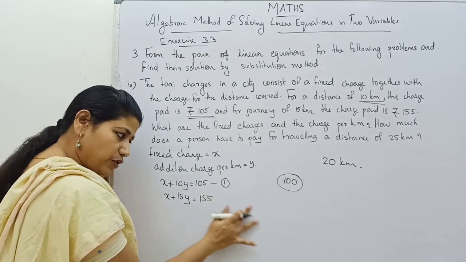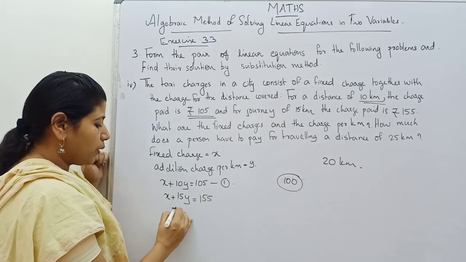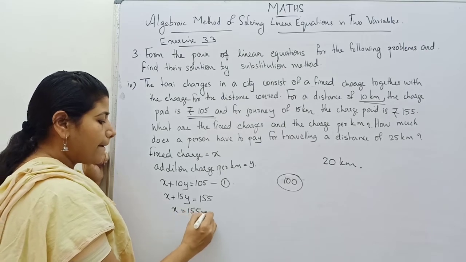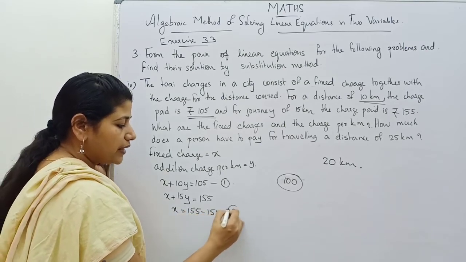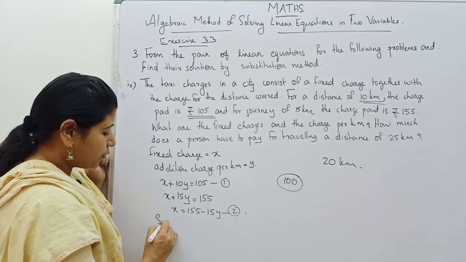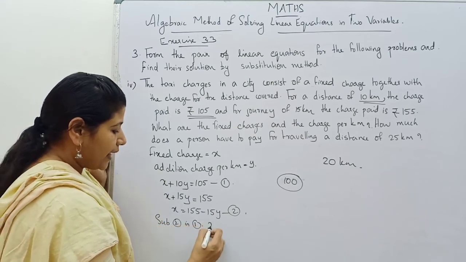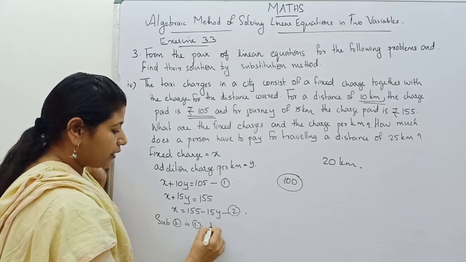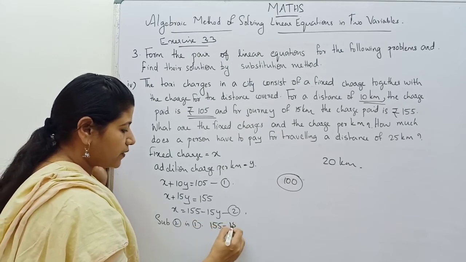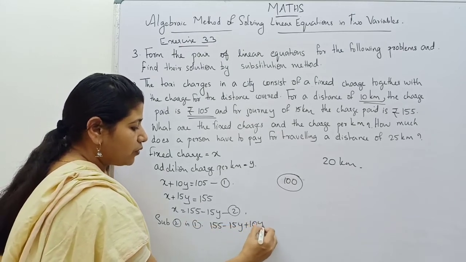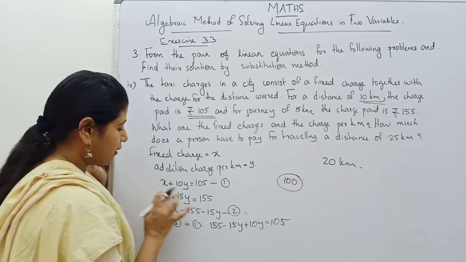Now we are using the substitution method, so we can change this into x is equal to 155 minus 15y. So I am taking this as 2. And substitute this 2 in the first equation. So instead of x I am writing 155 minus 15y plus 10y equal to 105, isn't it?